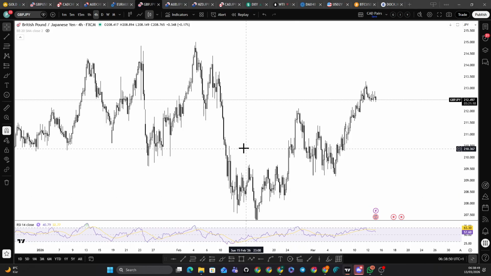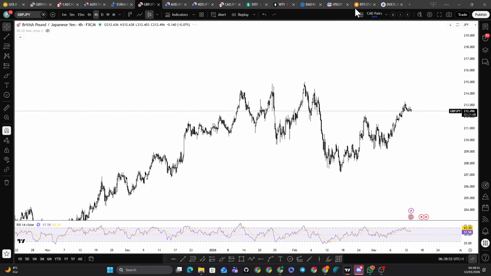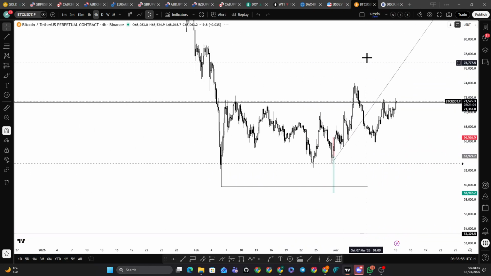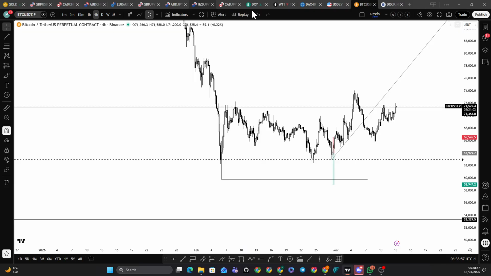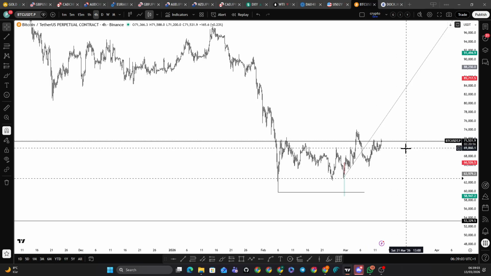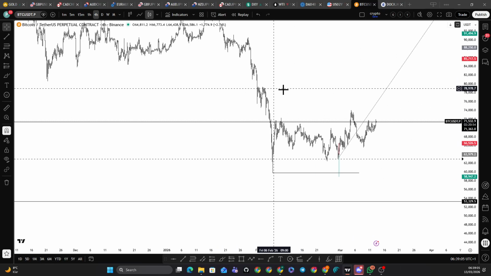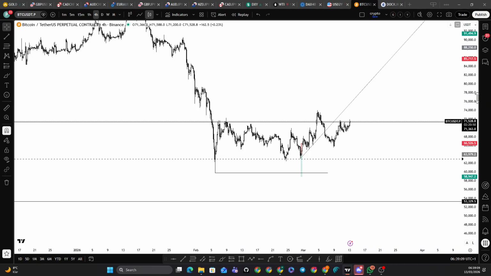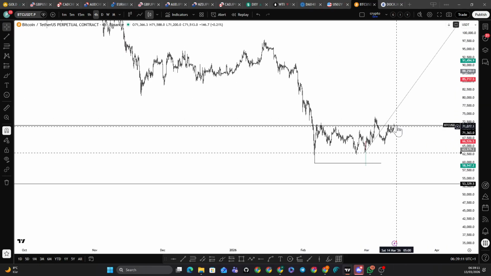So let's move on to the interesting part. I was expecting Bitcoin to follow the S&P 500 for a sell trade, but it didn't perform as I wished. Still, my outlook is bearish on BTC. I don't think there are any fundamental reasons for BTC to go further higher.